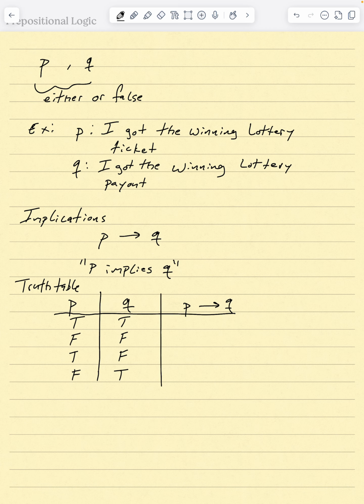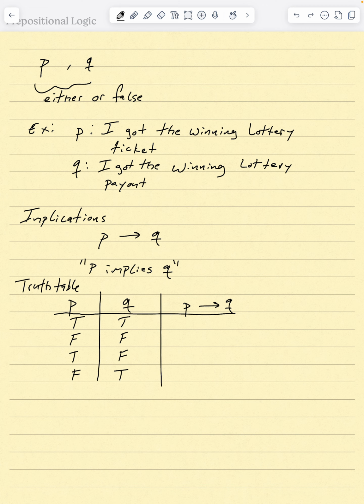So the way that you figure out the truth value of P implies Q, you basically think, in this example of the lottery ticket, of when you're winning, when you are satisfied with things, and when you feel cheated or done wrong.